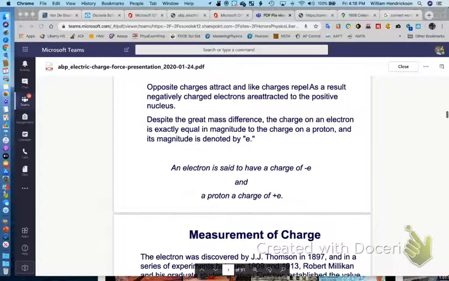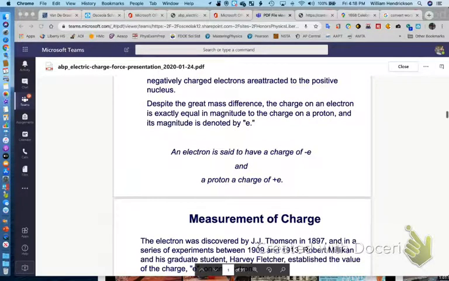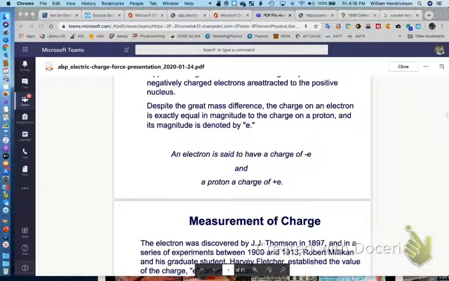The electron is said to have a charge of -e, and the proton has a charge of +e. Now the symbol for the proton is a P positive. P as in Paul, positive. But when we talk in terms of charge, we value everything in terms of the letter e for electron or electricity.